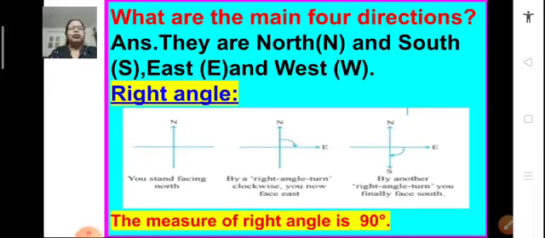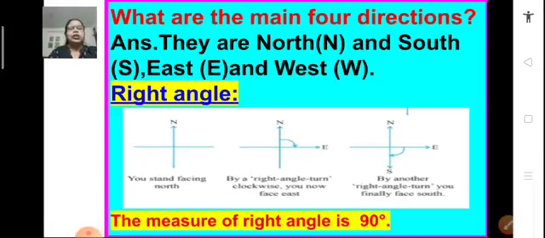And similarly, from east, if you move in a clockwise direction and reach south, then we say that you moved through another right angle. So, by a right angle turn clockwise, we reach from north to east, and by another right angle turn we face south, from east to south.